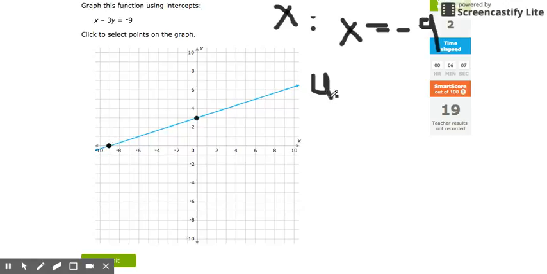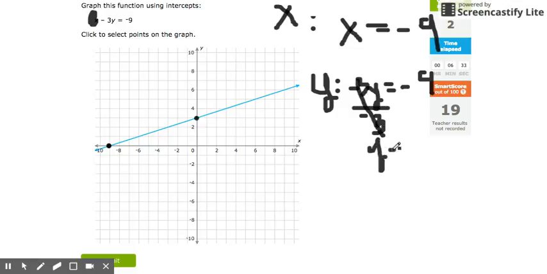Okay, but before you can move on, you have to find your y-intercept. To get your y, you have to get rid of x, so hide it. So what do you have? You have -3y equals -9. Now, you got to divide by -3 to get y by itself, because we want to know what y is. Y equals, whatever you do to one side, you got to do to the other.